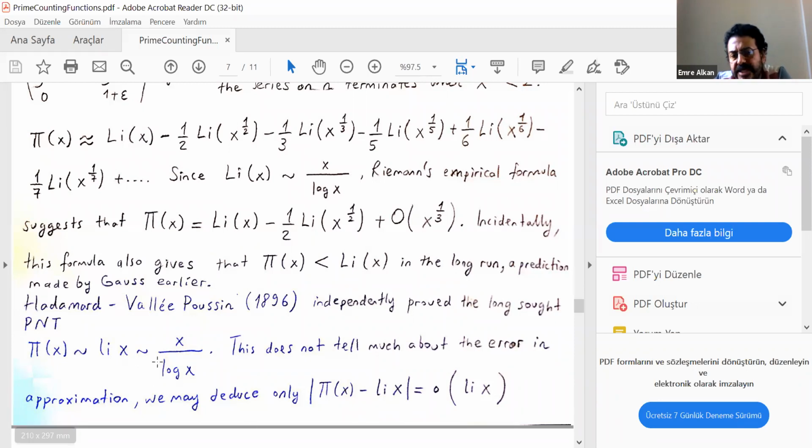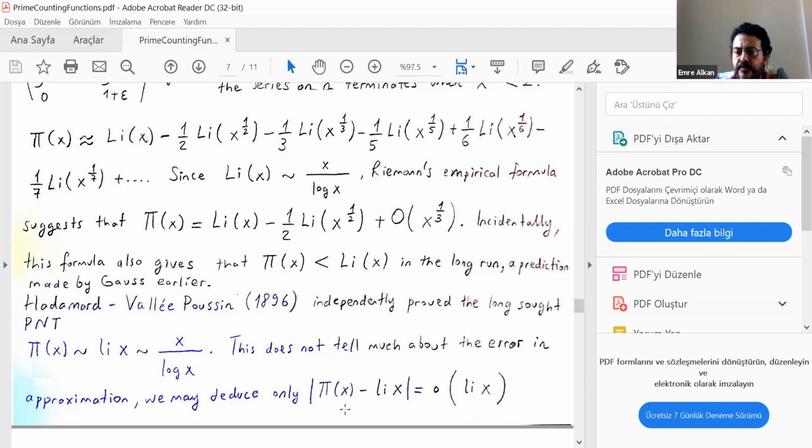From the asymptotic behavior, you can deduce only what the error in the approximation is. It's pi of x minus Li of x, and you want to take its absolute value. And the prime number theorem just tells you that this is little o of Li of x. So this error is insignificant only with respect to the main term, Li of x.